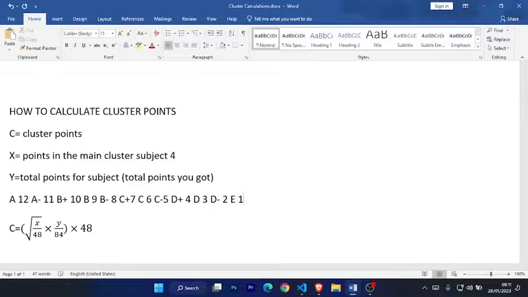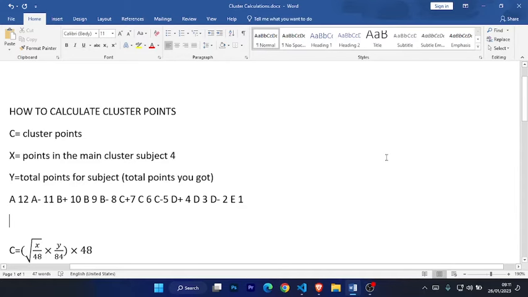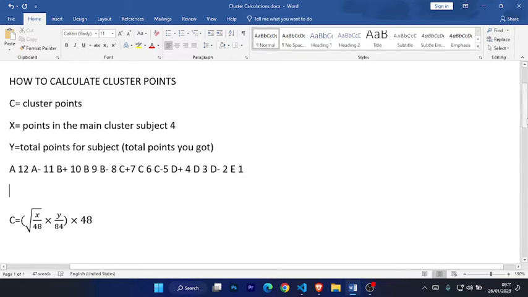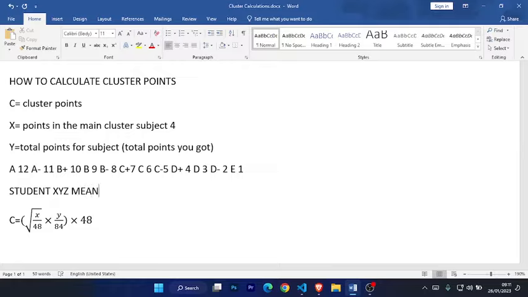In this case, let me use a random name for my student here. We call her student XYZ. Student of mine here got a mean grade of 76 points. That's an A minus.